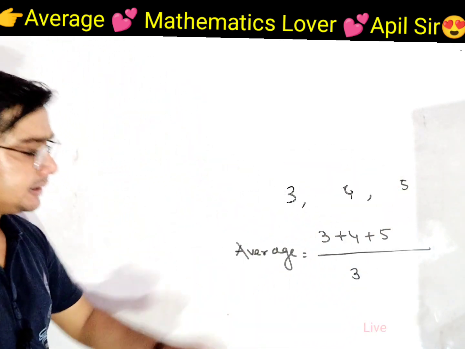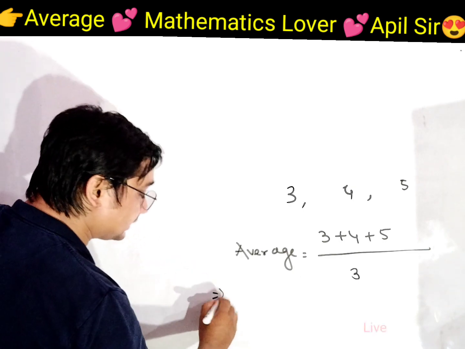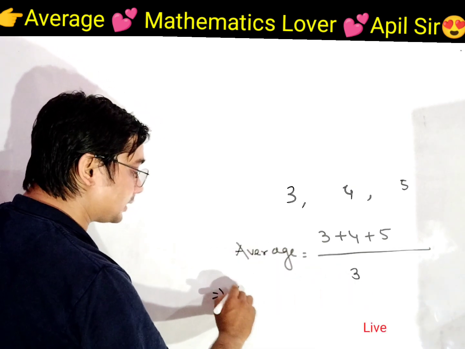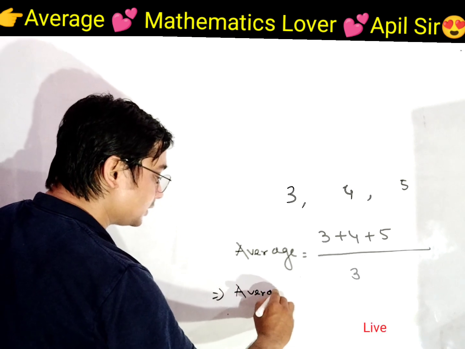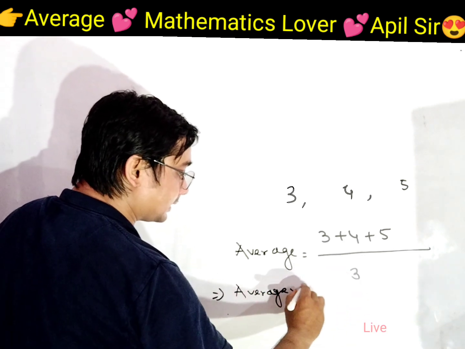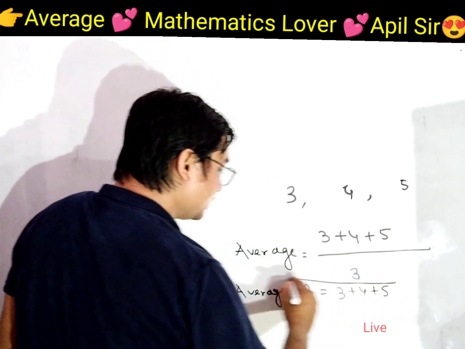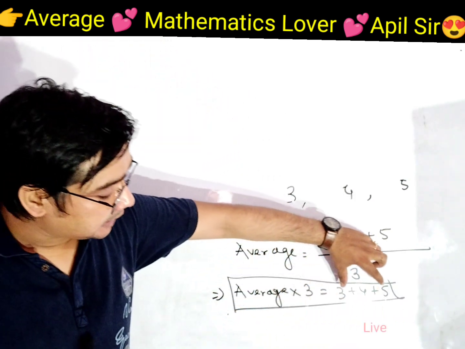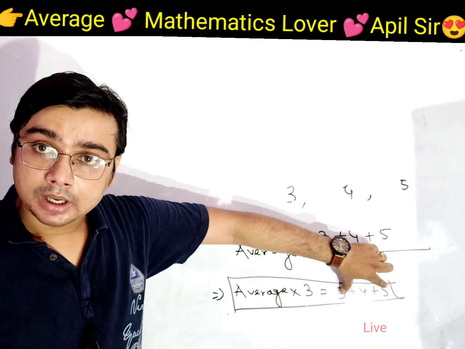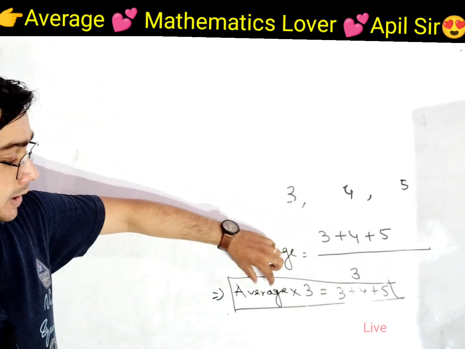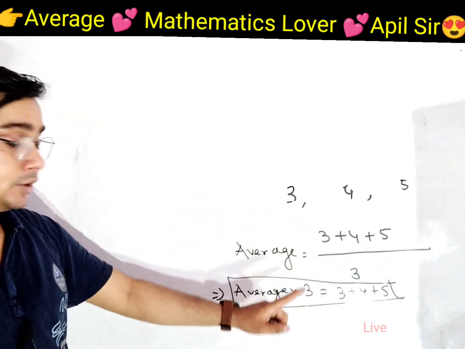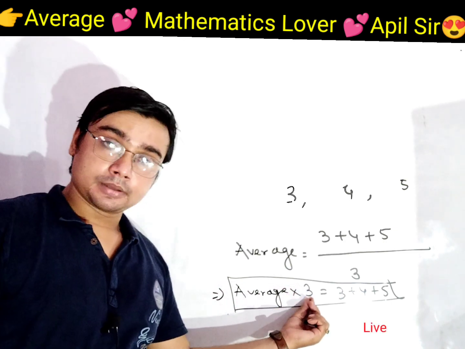From this, what we see is, if we take this 3 to the left side, we get average into 3 equals 3 plus 4 plus 5. So the sum of the quantities is equal to their average into the number of quantities.